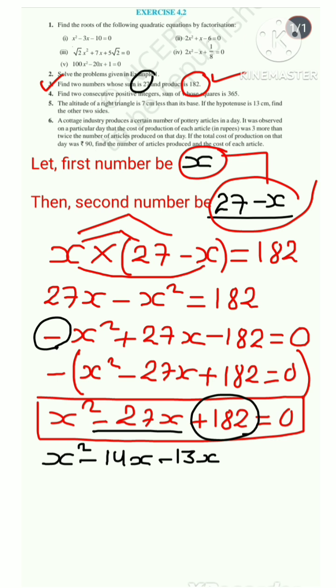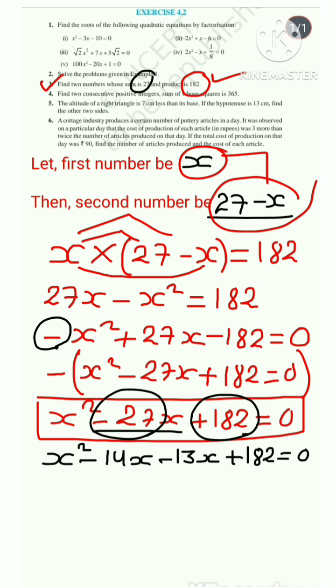Similarly, when we add minus 14 and minus 13, then we obtain minus 27, right? And this plus 182 is equal to 0.